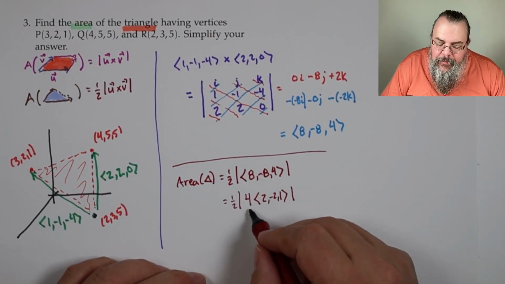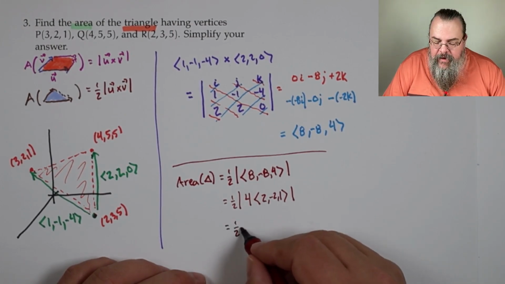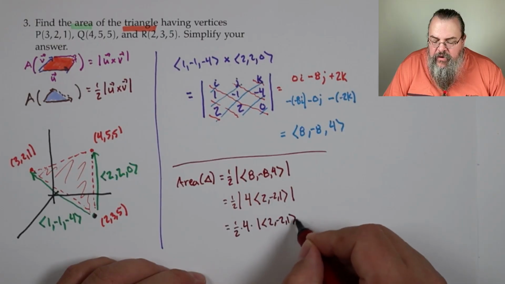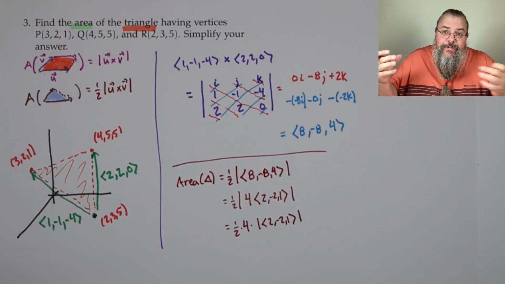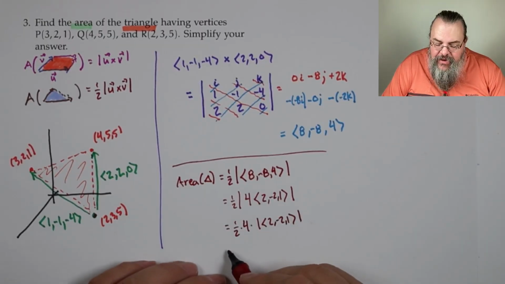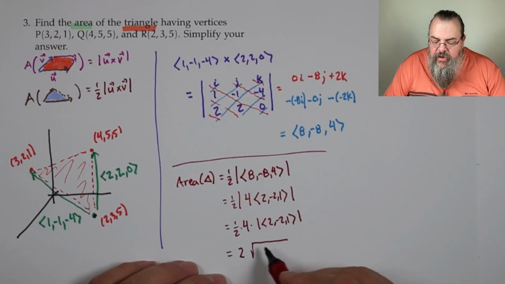Okay, but we can pull this 4 out. So we have 1/2 times 4 times the magnitude of 2, negative 2, 1. If you see common factors in vectors, you can pull those out, and that can help simplify computations. So what do we have? Well, we really have 2 times the square root of 2 squared, 4, negative 2 squared, 4, and 1.